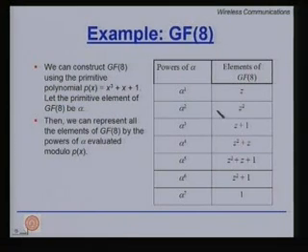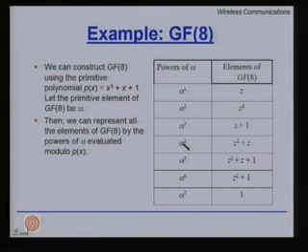So, what you do is, alpha, let us represent it as z, alpha squared is z squared, alpha cubed taken modulo P of x. If you take z cubed and divide by z cubed plus z plus 1, you will be left with z plus 1. So alpha cubed taken modulo P of x will be z plus 1, the remainder.